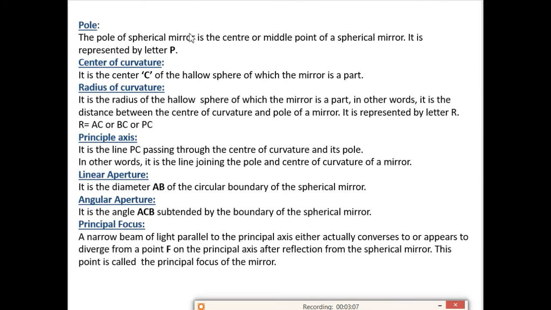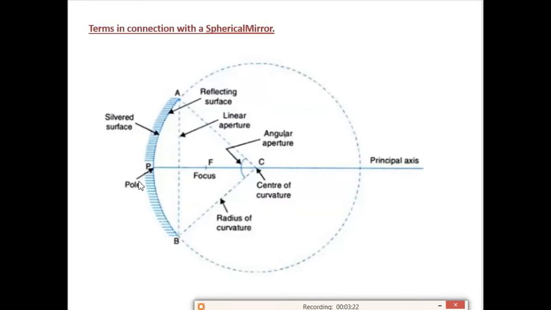The pole of a spherical mirror is the center or middle point of the spherical mirror. It is represented by the letter P. So let's see what the pole is and where it is situated. The section APB is called the spherical mirror.